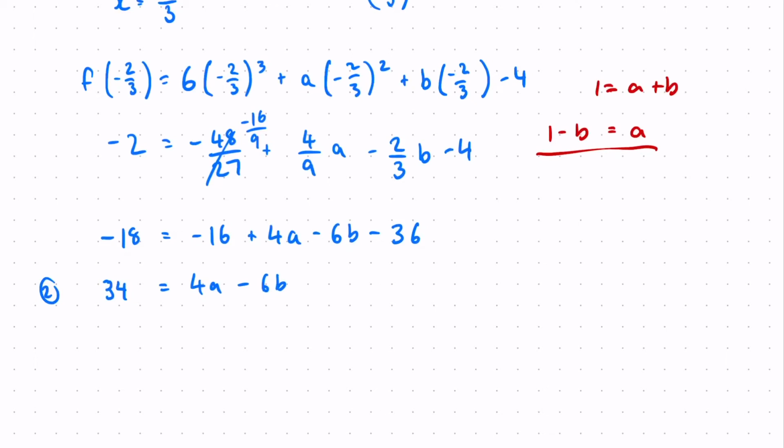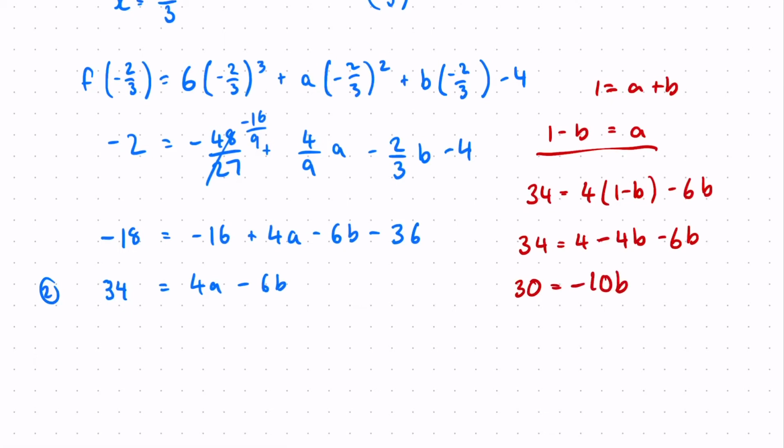Substituting that into 34 equals 4a minus 6b gives me 34 equals 4 lots of 1 minus b minus 6b. Expand that out, gives me 4 minus 4b minus 6b, which gives me 30 is equal to minus 10b, which gives me b is equal to 3.